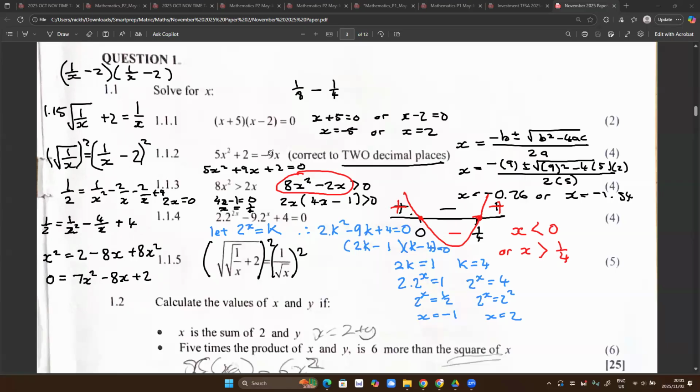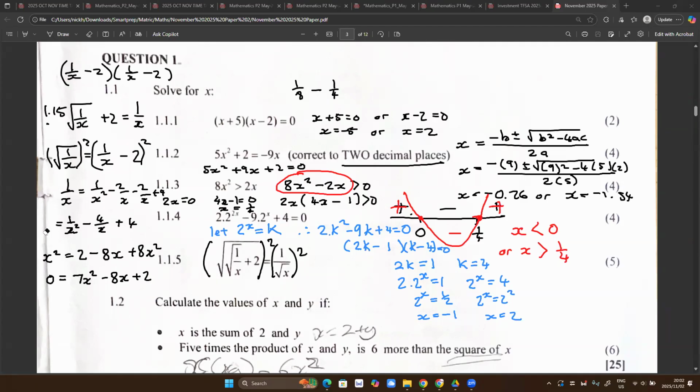Let me just make sure that I've done this correctly, because it's not looking like we'll get negative and negative, so I've made a sign error here. Let me just try and find. There we go. If anyone is shouting at their screen going, why did you write 2 instead of x? Okay, that makes more sense now.